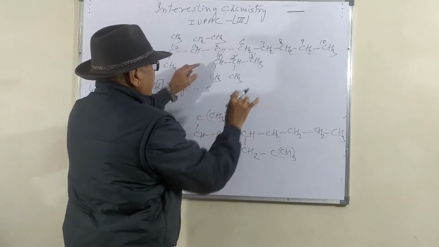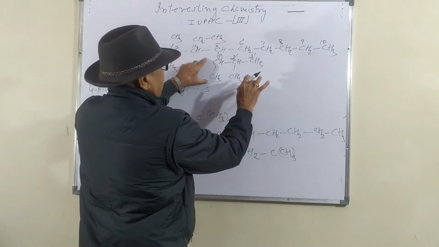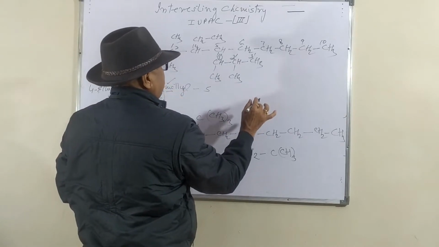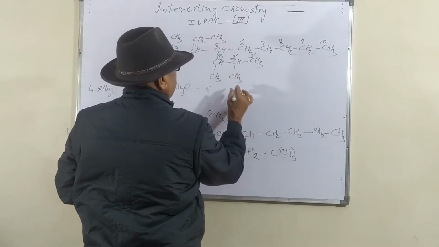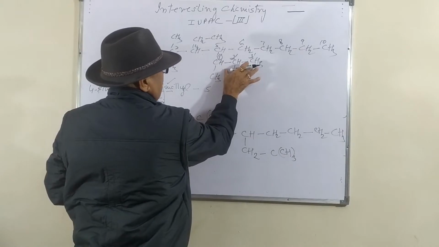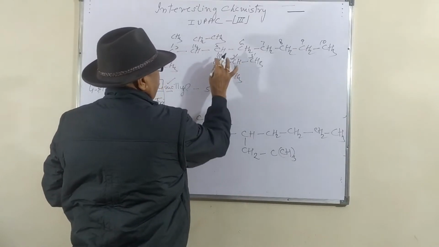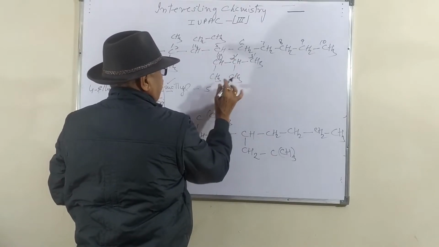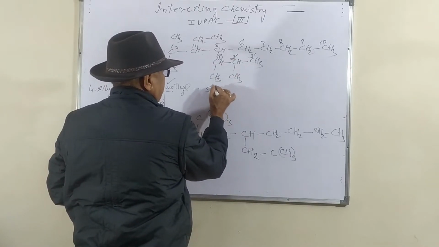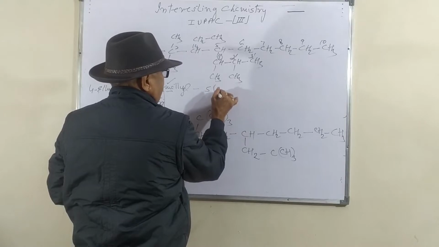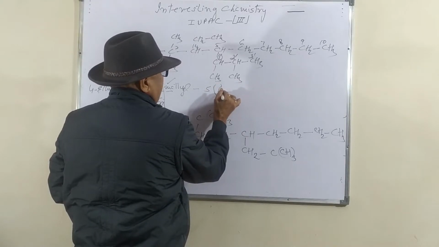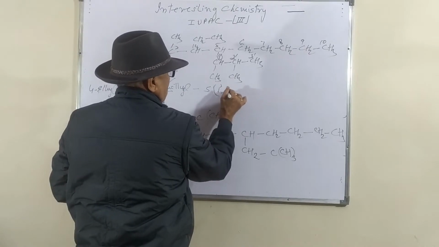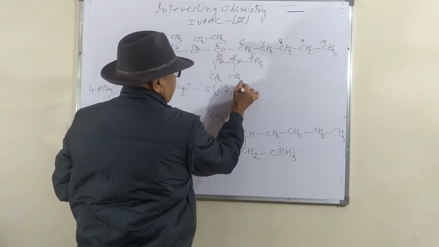The name of this substituent group will be propyl, and 1 methyl, 2 methyl. So we will write here in brackets 1,2-dimethyl.